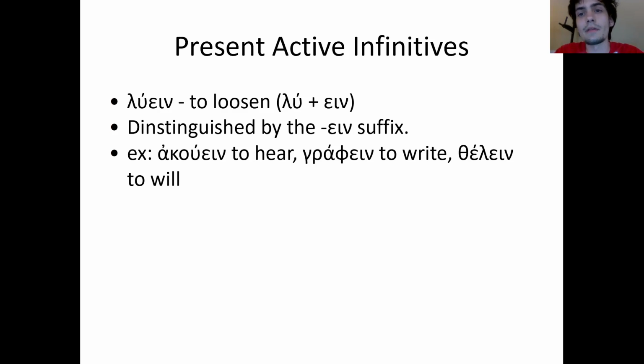A present active infinitive verb ends with epsilon, iota, nu, ein. Luein, that is to loosen. It's distinguished by the suffix ein. Some examples would be akouein, to hear, graphein, to write, and thelein, to will, to want, to wish. And these are examples of where the ein ending makes the verb into an infinitive.